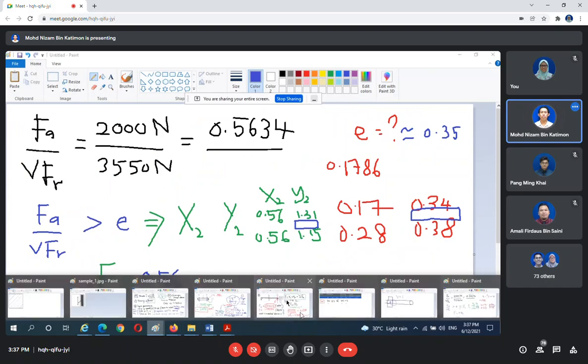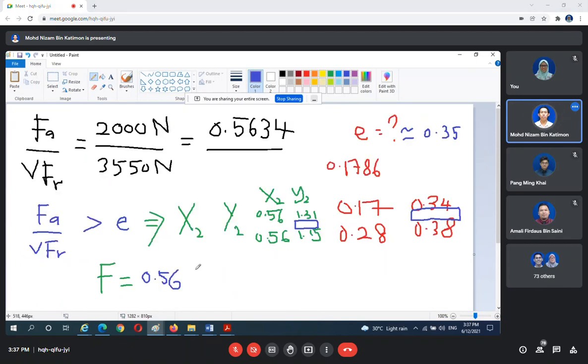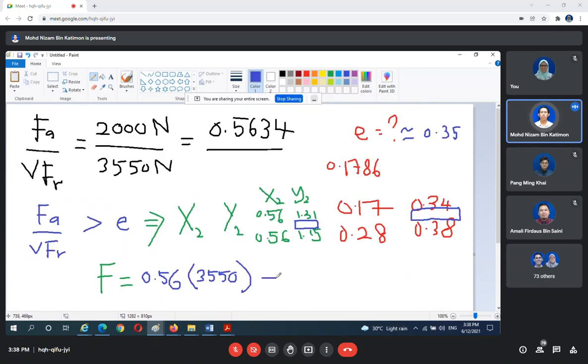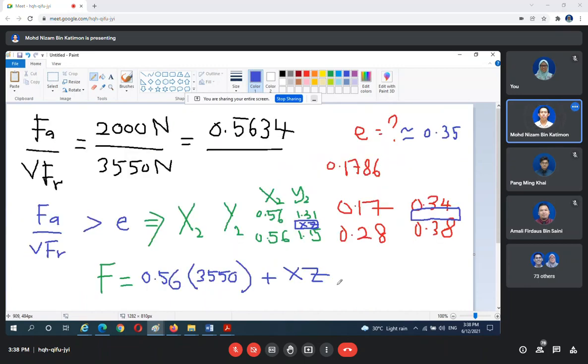VFR just now is 3550, plus Y, this one, and FA is 2000. So you got this F.